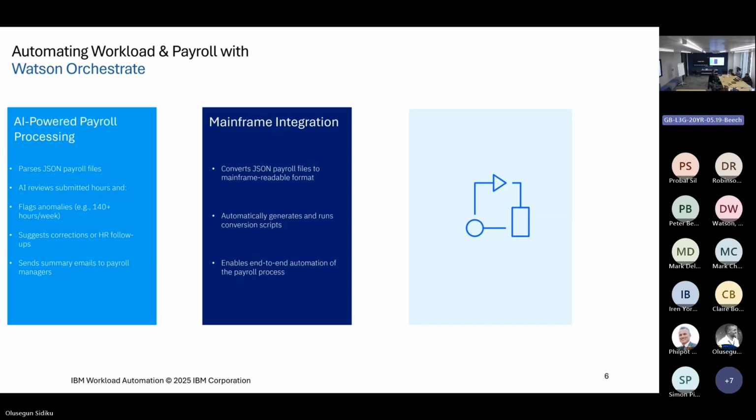In the mainframe environment as well, it easily converts JSON files to a readable format, automatically generates and runs conversion scripts, and enables end-to-end automation of payroll processes. So this is what we've documented for the payroll use cases. We are expanding this to other users as well, DevOps and all that. So there's a lot.